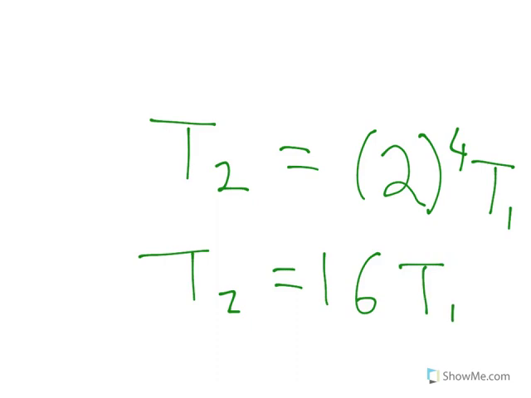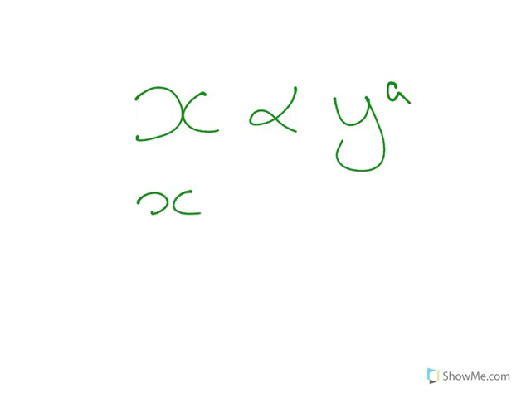Now, just in case you may not like how I've shown how proportionality gives these relations, I have another explanation. Say x is proportional to y to the power of a. Then we have some x1 and some x2.